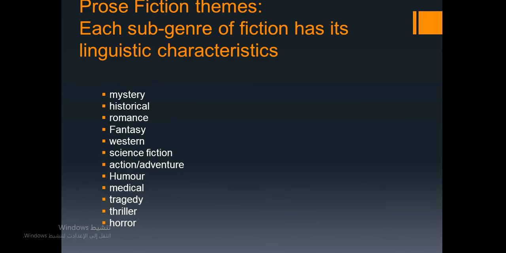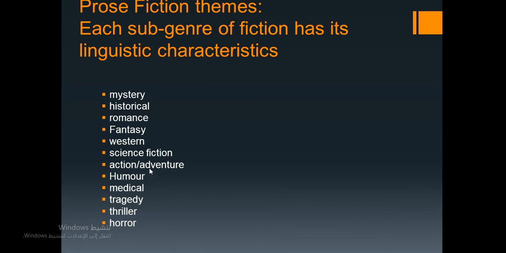Here are some subgenres of fiction, and each one has its own linguistic characteristics. We have mystery, historical, romance, fantasy, western, science fiction. For those who are taking prose with me, I want you to focus on this science fiction. You may relate this to something that we are taking in a prose course.